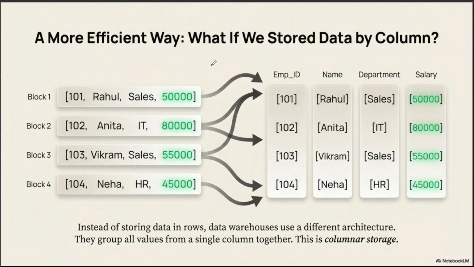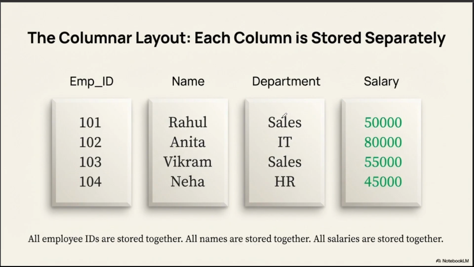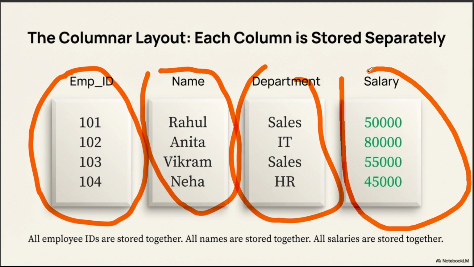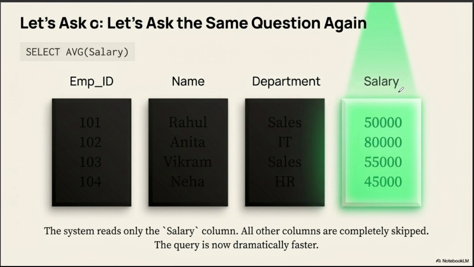A more efficient way would be to store data by column. Instead of storing every row together in a block, we store data by column. So all the employee IDs will be stored together, all the names will be stored together, all the departments and salaries will be stored together. Now let us ask the same question again: select the average salary.